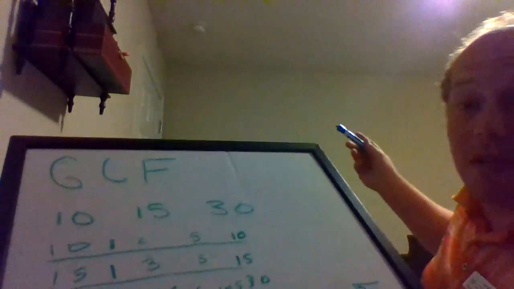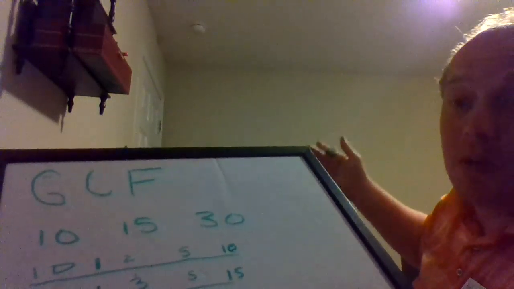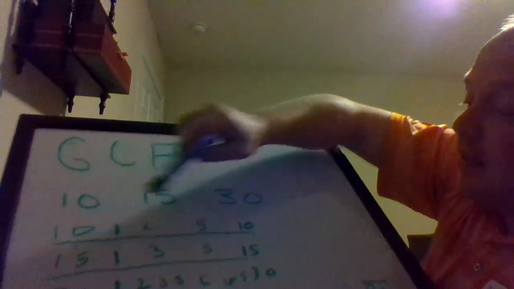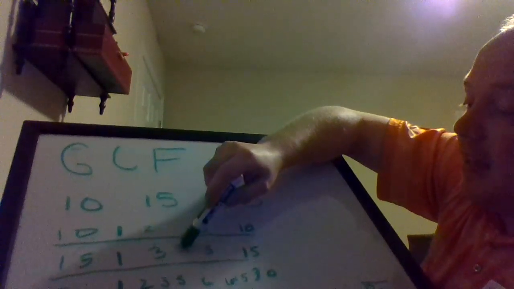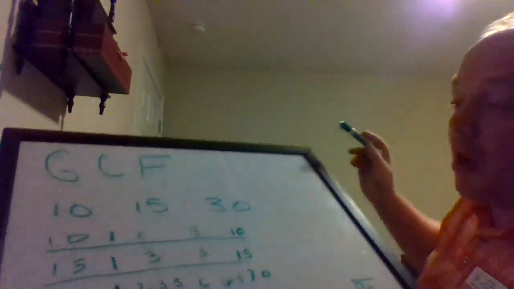So we can't use 2 because, once again, they all 3 have to have this number in common. But look, 10, 15, and 30 have a 5 in common. So that means that the number that they have in common, or the greatest common factor, is 5.